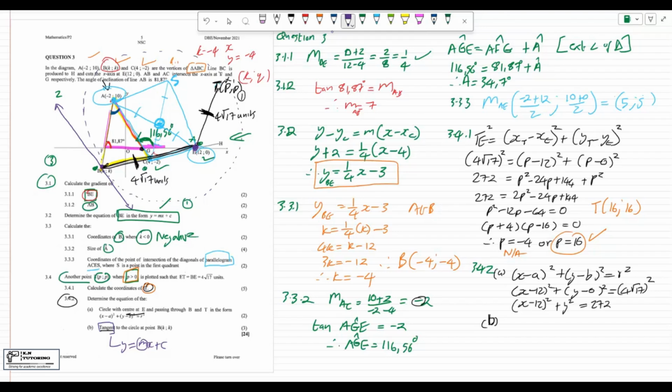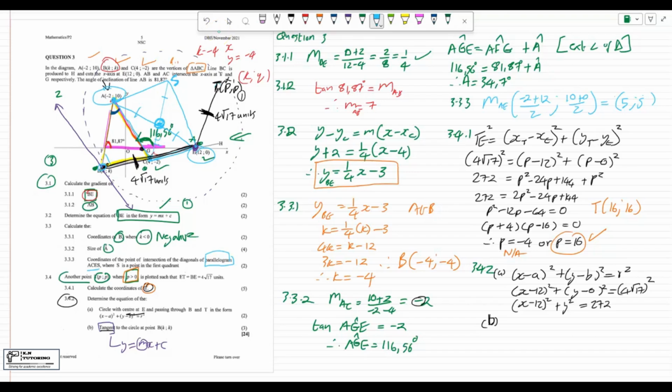How do we find the gradient of this line? Very important to note that this line BE is going to be a radius of this imaginary circle, right?